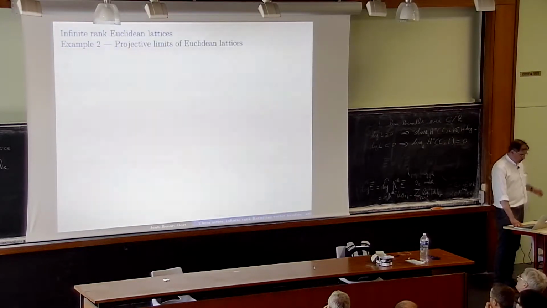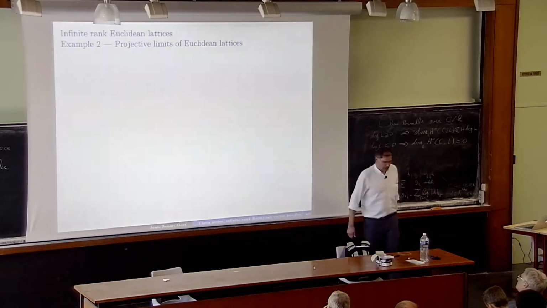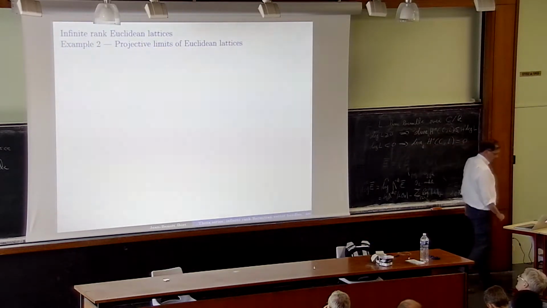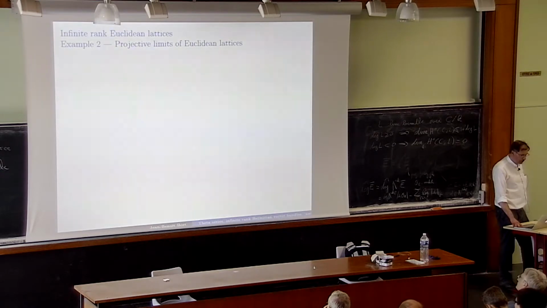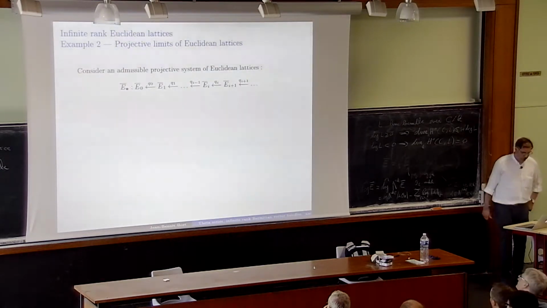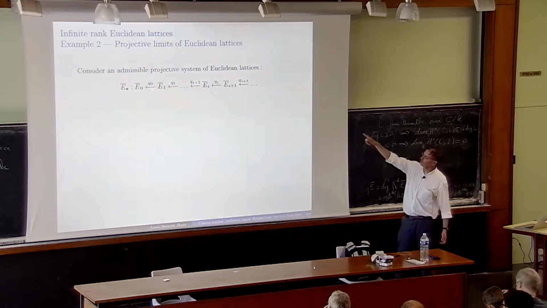Now let me turn to another example. It's quite easy to construct infinite rank Euclidean lattices starting from a projective system of Euclidean lattices. Assume that you are given such a system.